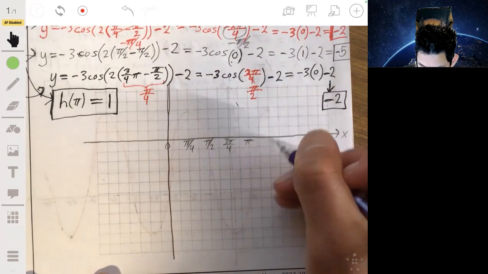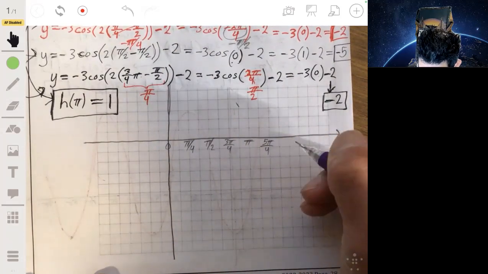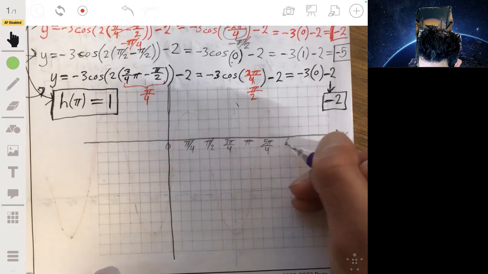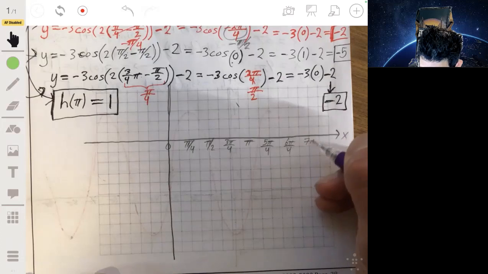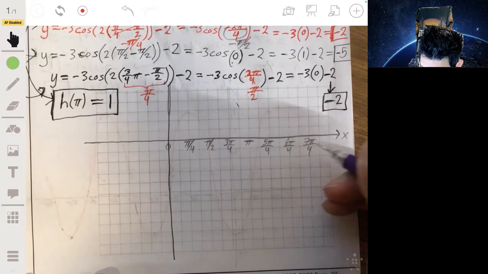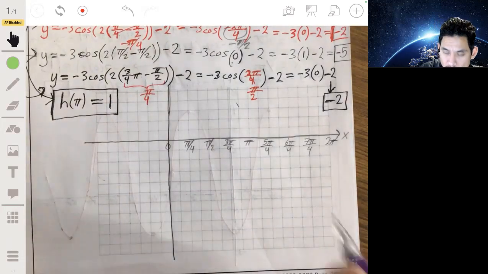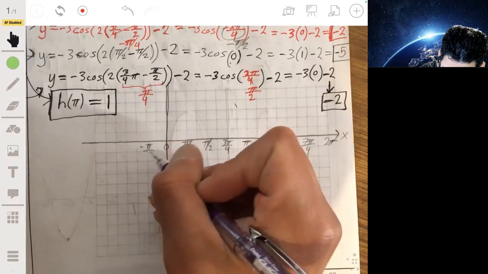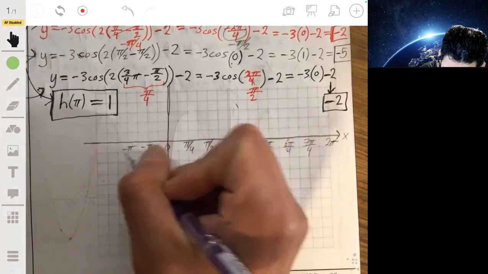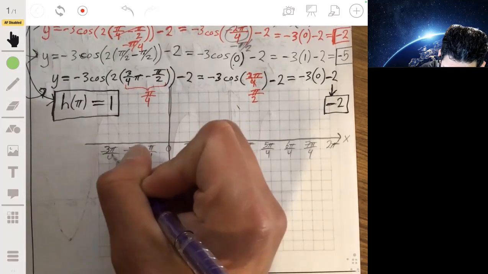And then keep it going. So we got 5/4 pi, 6/4 pi, or 1.5 pi, 7/4 pi, 8/4 pi, or just 2 pi. And other way around, negative pi over 4, negative pi over 2, negative 3/4 pi.